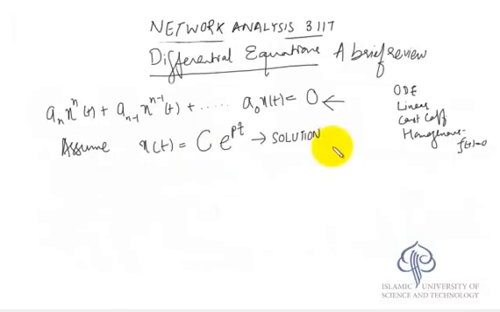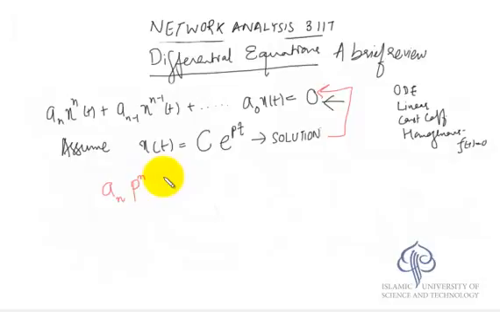So if you assume that this is a solution to this equation, you can substitute the solution in the equation, and you see that when you differentiate this once, you'll get a p outside, this will stay in. If you differentiate it twice, you'll get a p square outside, this x(t) will stay in. So if you substitute this whole thing inside the left hand side, you'll get something like this. a_n, the nth derivative of this is going to be p to the power n, right?